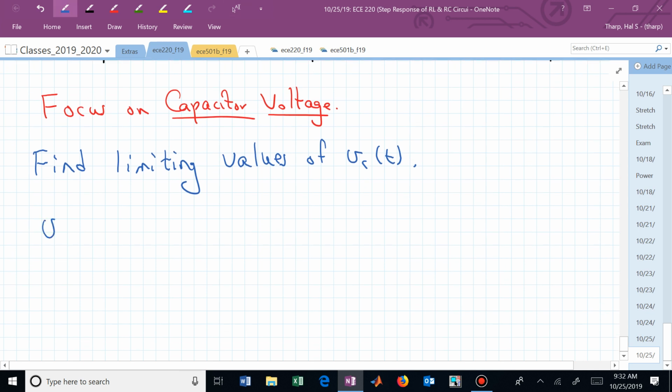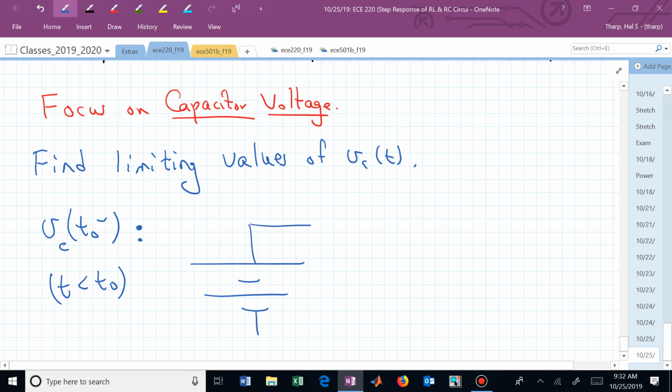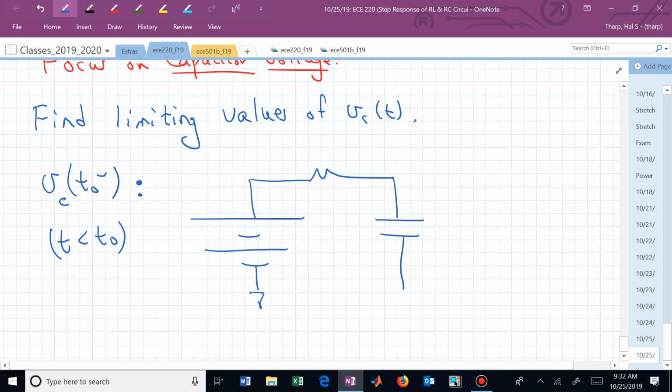Suppose we now look at what's going to happen right before we throw the switch. The circuit has reached steady state, so now we have t less than t sub 0. We have that circuit. Here's 5.